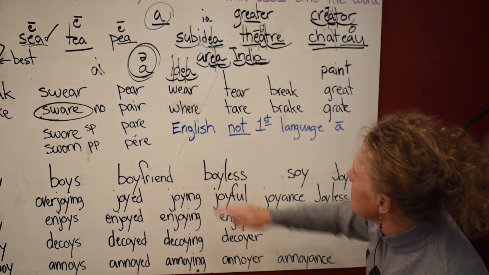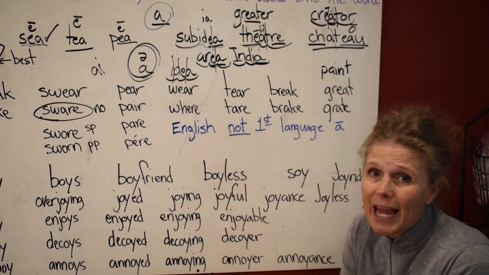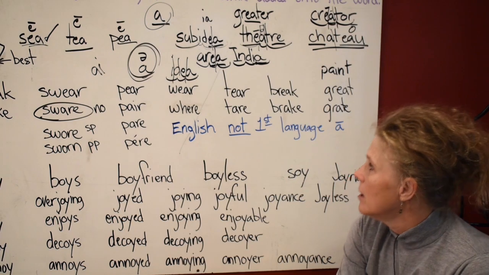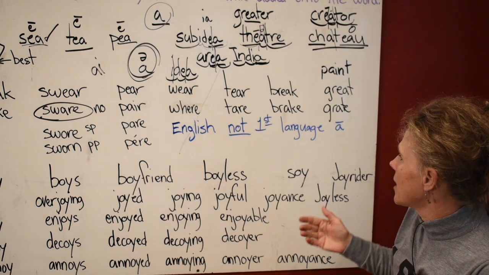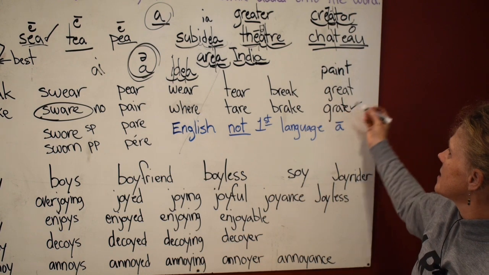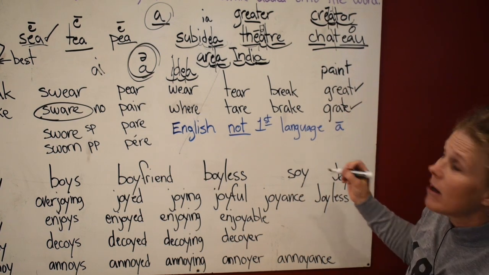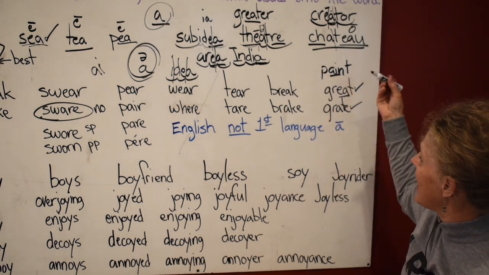Okay, so in English, if it's not your first language, the long A sound can be very tricky because there are so many different ways to say that long A sound. So this is a long A, silent E syllable; long A, vowel team with an EA; long A, vowel team with an AI.